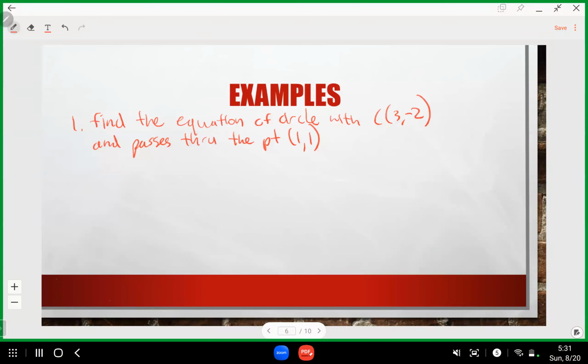Because the center of the circle is (3, -2), you can plug that into the formula for the circle, which would be (x minus 3) squared plus (y plus 2) squared equals r squared.